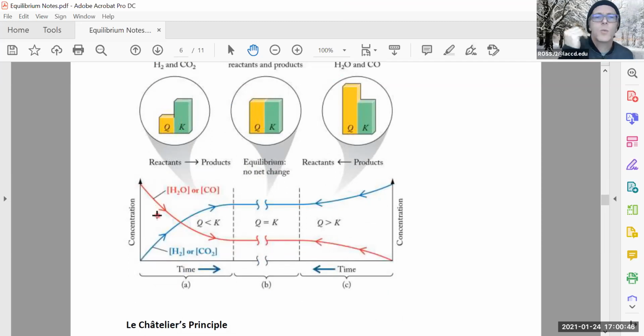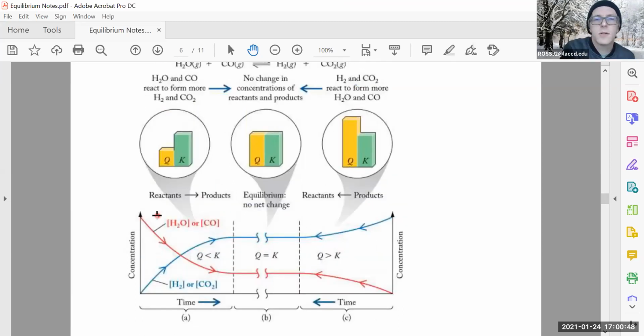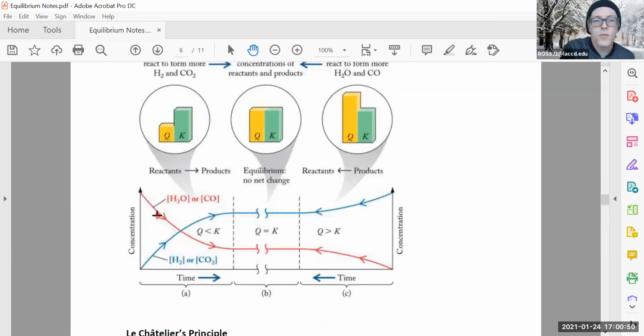If I start with just water and CO, so from the reactants, then I would expect the concentration of water and CO to decrease with time. And I'd expect the concentration of products to increase with time, right? So reactants start at 100% of their value and they decrease with time. Products start at 0% of their value and increase with time. But this is not a constant case. I'm not at equilibrium here.